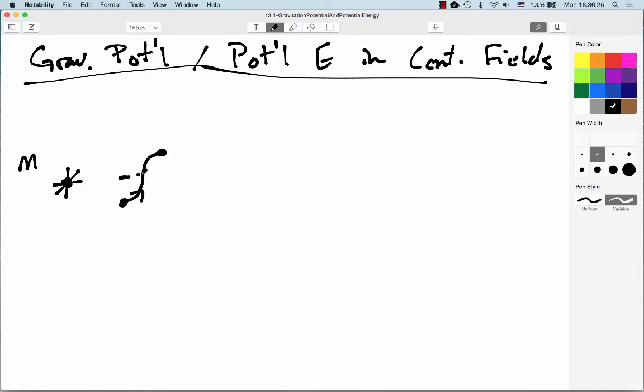So at this point right here, it would be feeling a force back like so. And we will start from position R1 and end up over there at position R2. Okay.